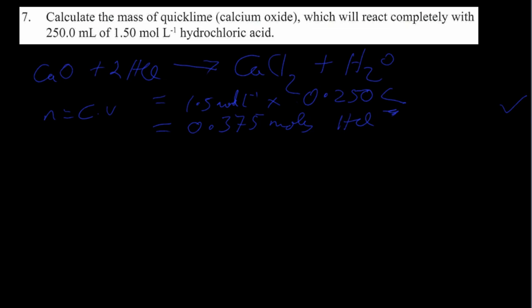Okay, so in this sort of thing, we realize that for every 2 HCl that we have, one calcium oxide is required. So the number of moles of calcium oxide is going to be equal to 1, this is our target, divided by 2, this is our reference, what we know already, times the number of moles of our reference, which is 0.375.